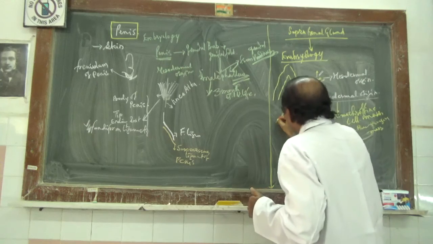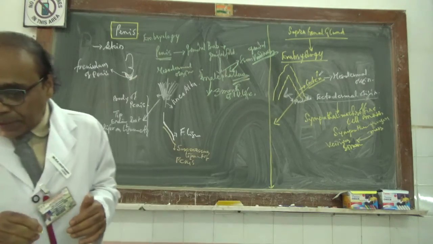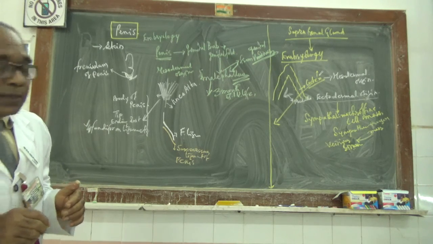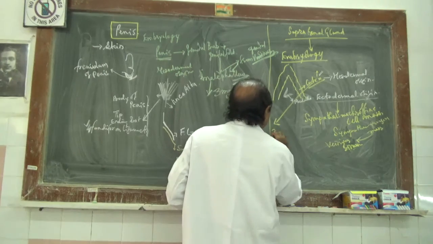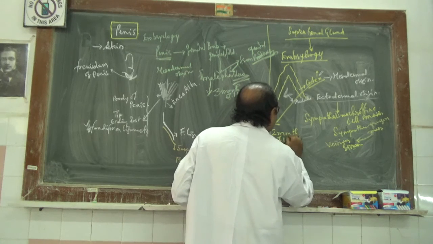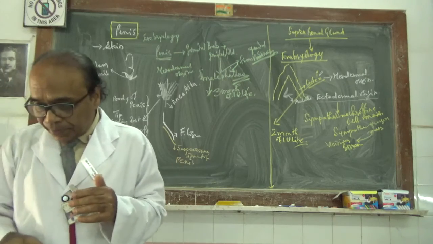Now what is the development of the cortex? The development of the cortex is in the second month of intrauterine life.